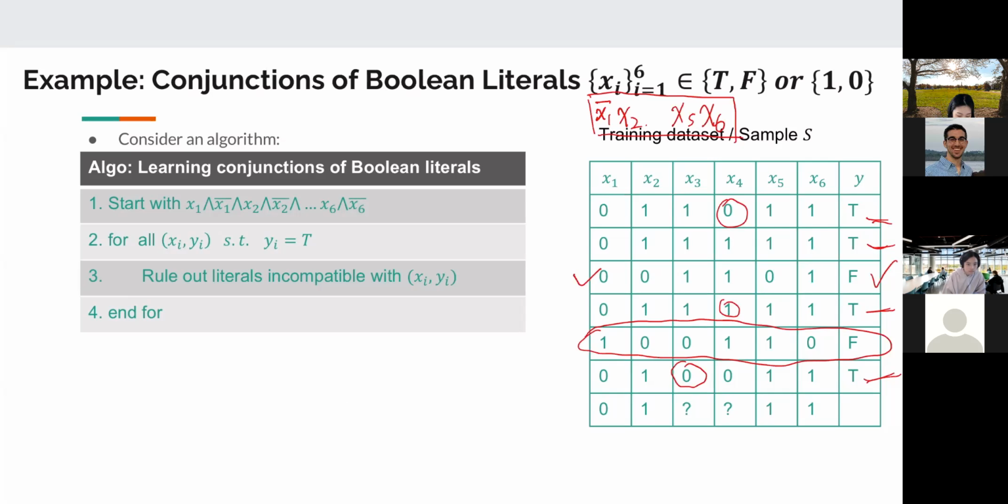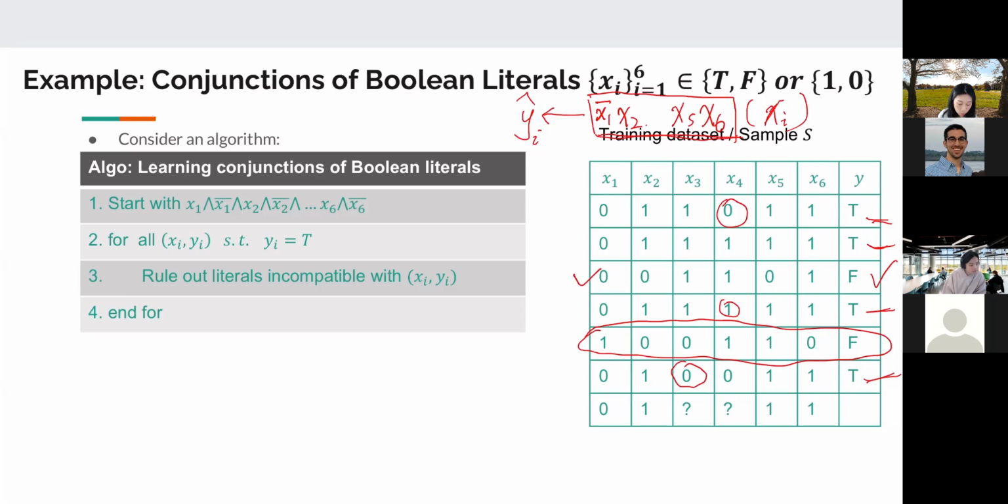Okay, so once we've learned this expression, how would you evaluate the error? You're going to get the so-called y hat from this expression on every xi, right? You evaluate every xi on this expression and you get a final result, whether it's false or true. That's yi hat.